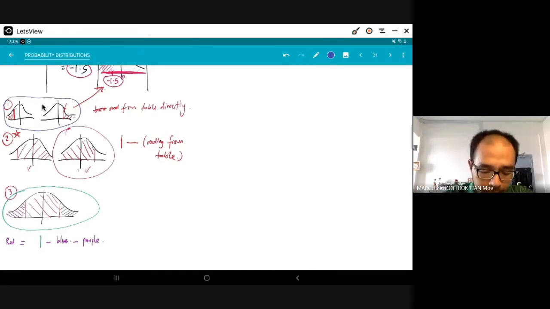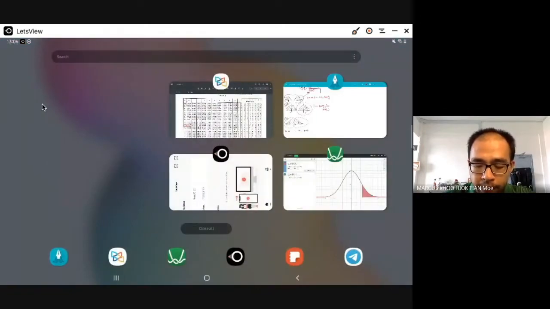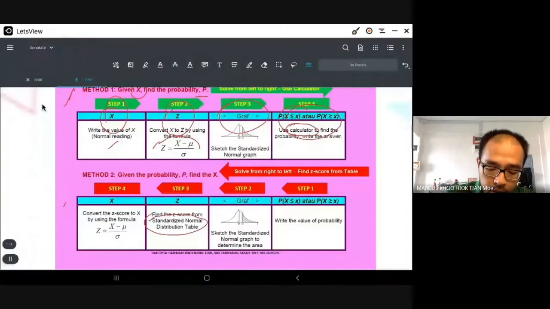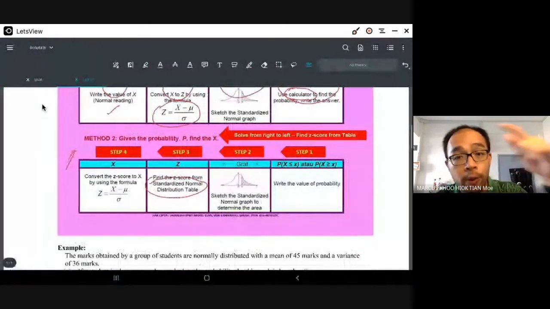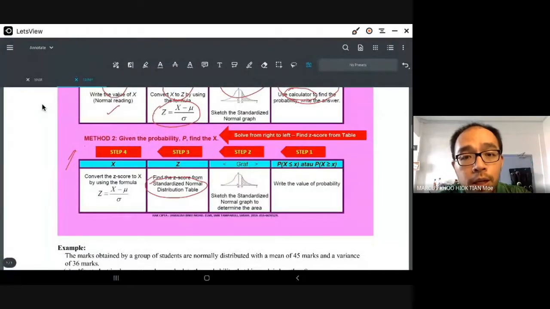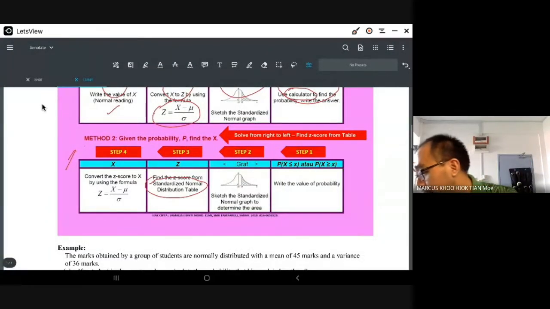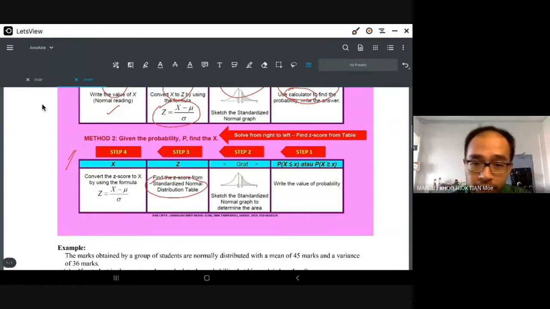The second way we use the table for x is if we do it the other way around. For this one, you kind of have no choice. I don't see any indication here that you can use the calculator to do the reverse method correctly. So you have to find the z-score from the table.